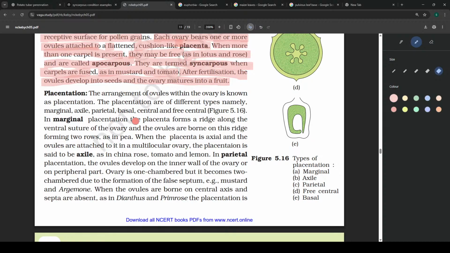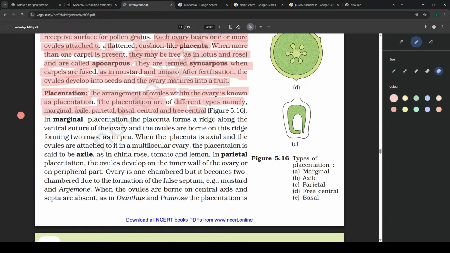Now let's get to one more new term here, placentation. The arrangement of ovules within the ovary is known as placentation. The placentation is of different types, namely marginal, axial, parietal, basal, central, and free central. Just like venation is the arrangement of veins and veinlets on a leaf blade, and aestivation is the arrangement of floral parts with respect to each other, placentation is the arrangement of ovules within the ovary.